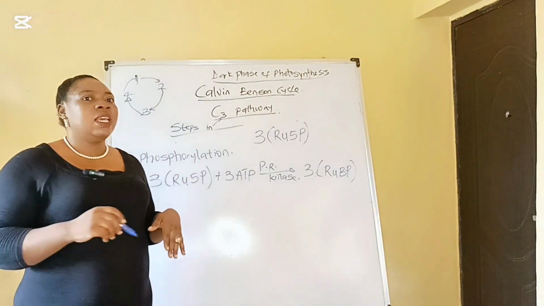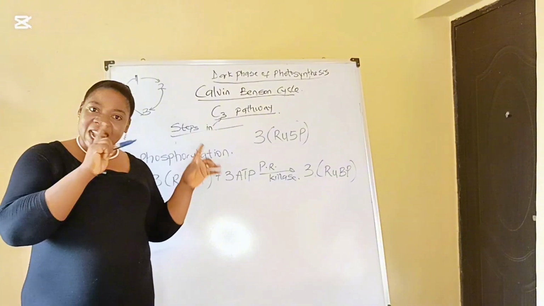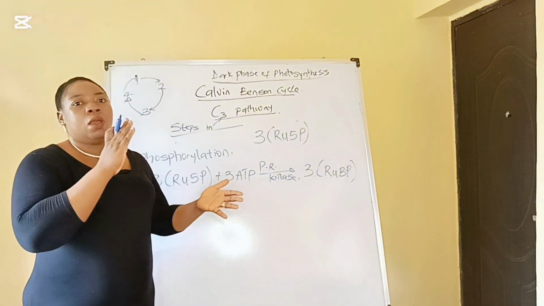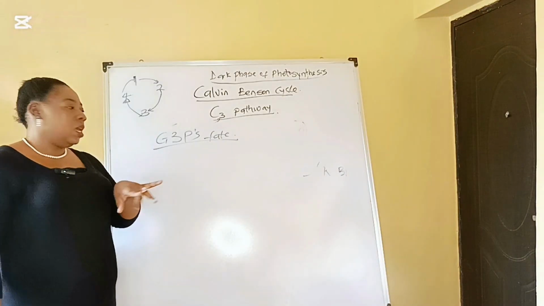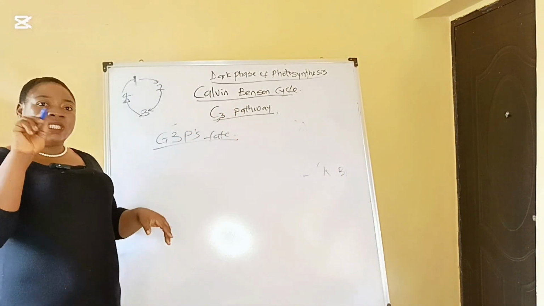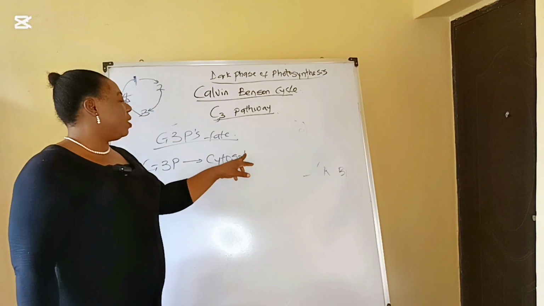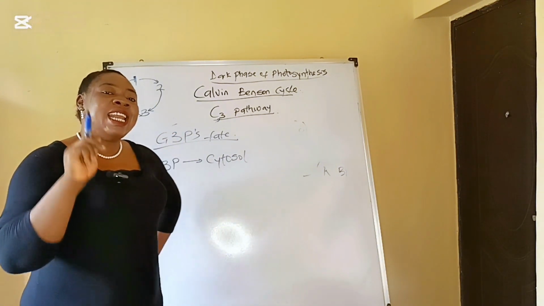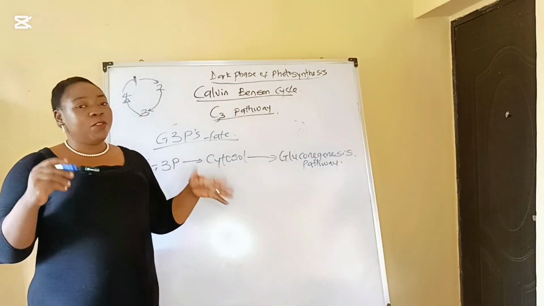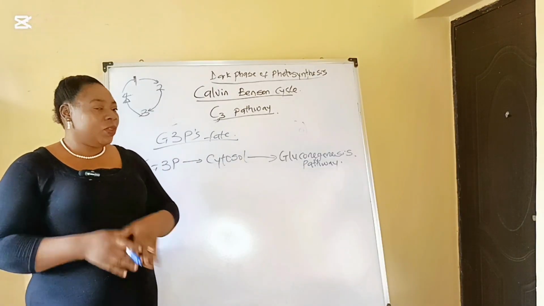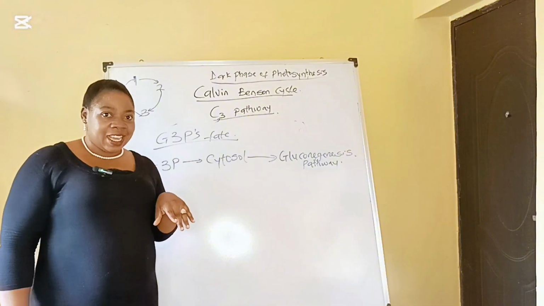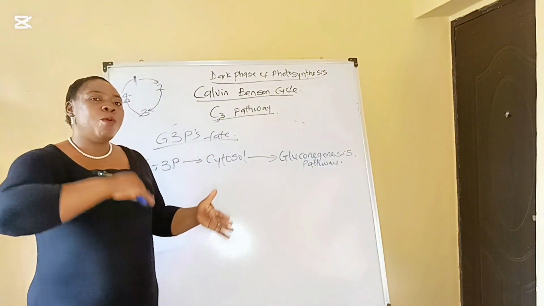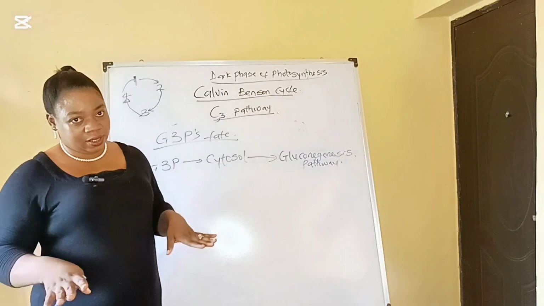Now, the question is, that one molecule that left the cycle, what is the fate of that molecule? This one molecule that left the cycle moves into the cytosol, and from the cytosol it enters the gluconeogenesis pathway. If you've not forgotten your pathways, you remember that gluconeogenesis is a pathway that helps you generate glucose from non-glucose sources.